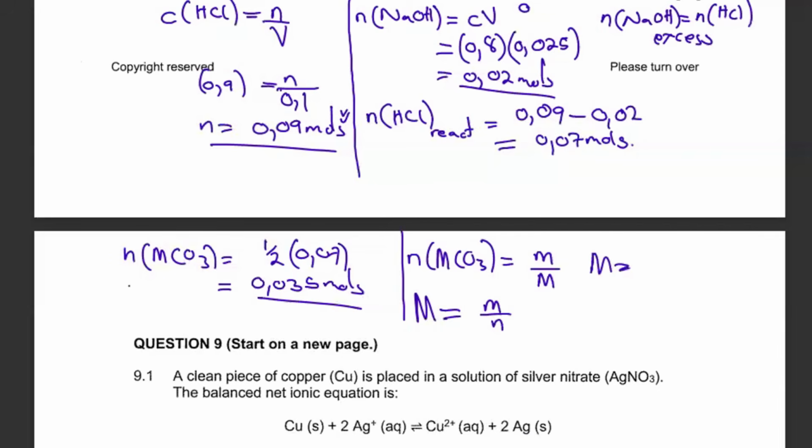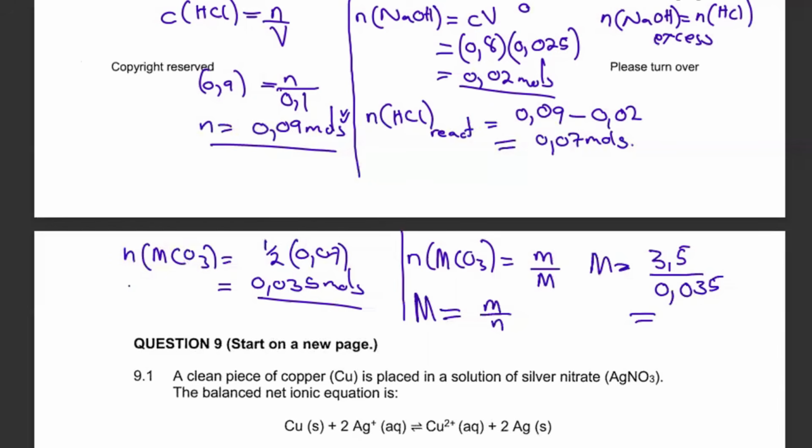So having that information, now we know M is equivalent to 3.5 over 0.035. If you divide the mass by the number of moles, what are we going to get?